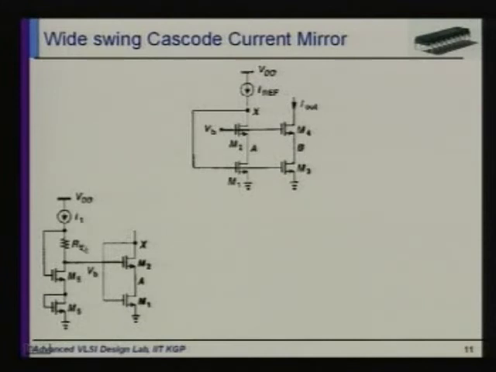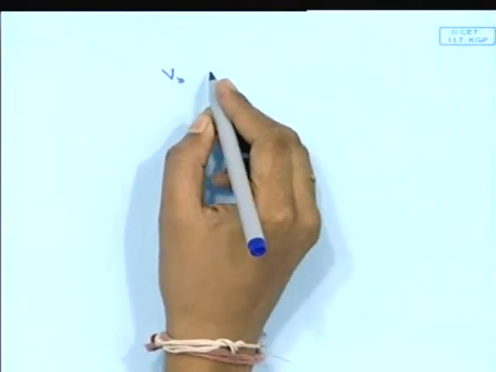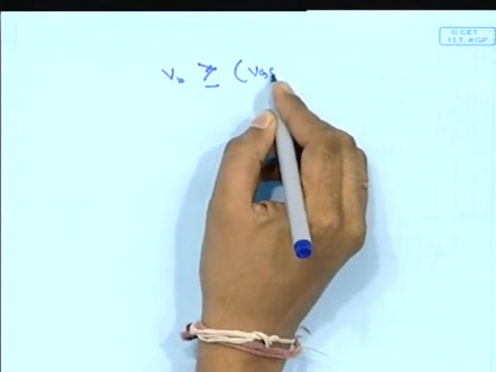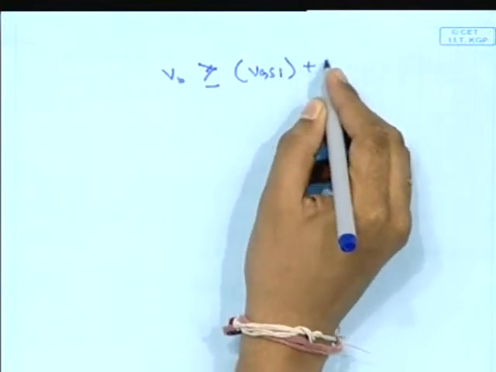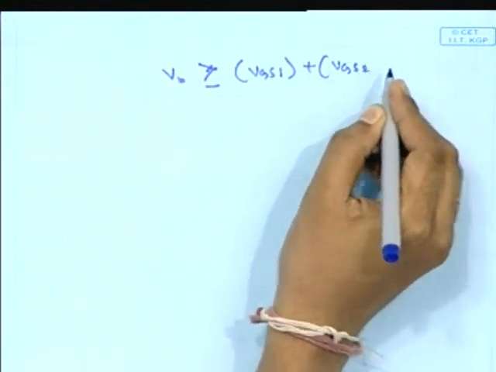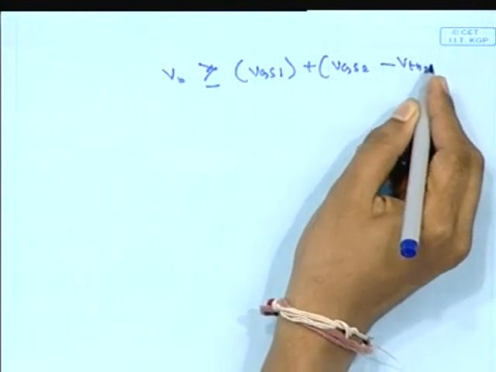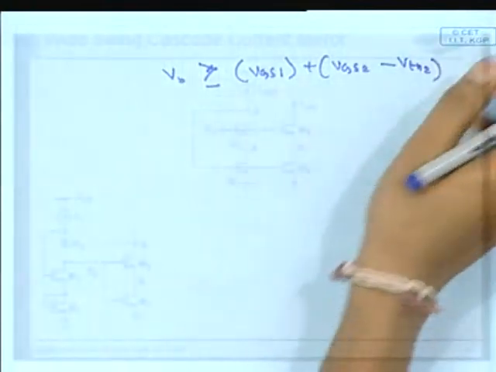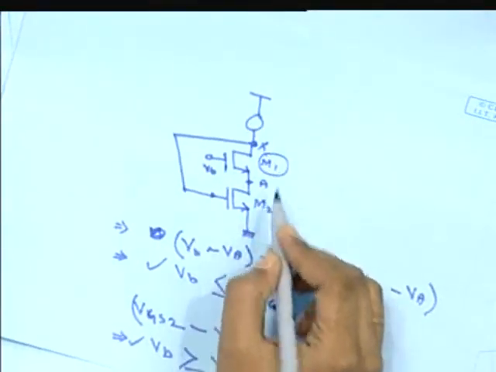Okay. Now we have seen that VB should be greater than or equal to VGS1 plus VGS2 minus VTH2. Here in this case the 1 and 2 terms will be different, because in our first circuit this is the M1 transistor and this is the M2 transistor.